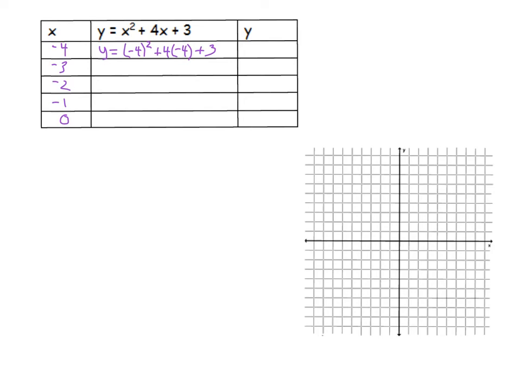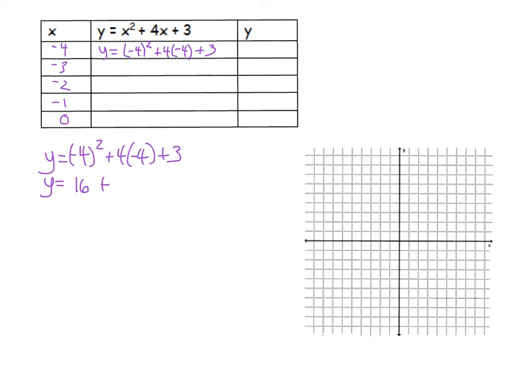So y equals -4 squared plus 4 times -4 plus 3. So y will equal, what's -4 squared? Well, it's positive 16 plus 4 times -4, and we're using the order of operations here, by the way. We're taking this and squaring it first, and then we're going to multiply here.